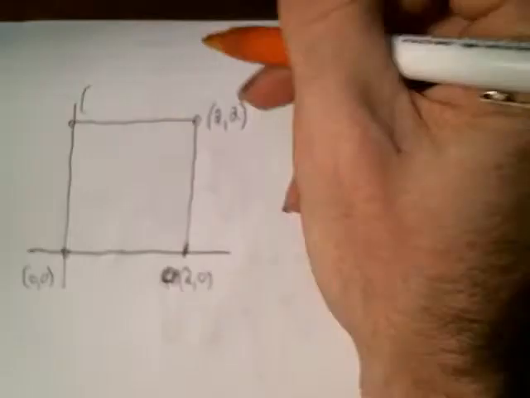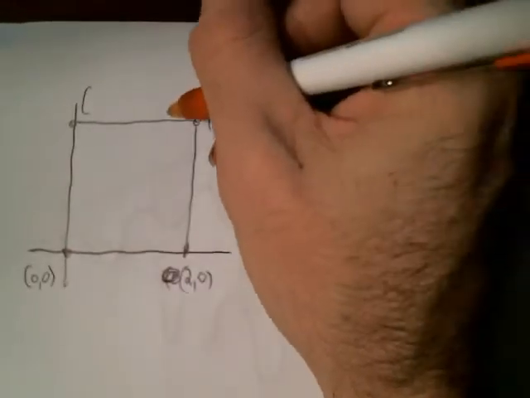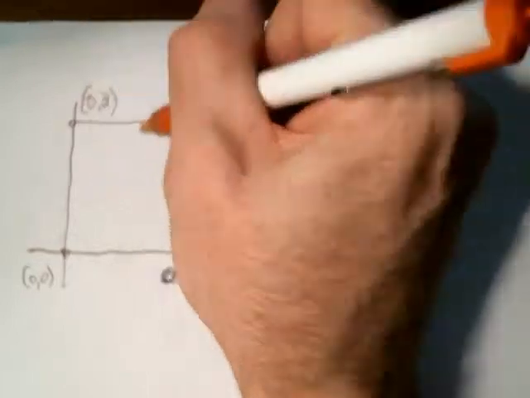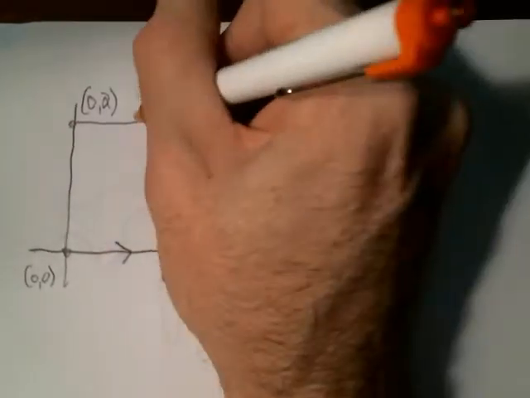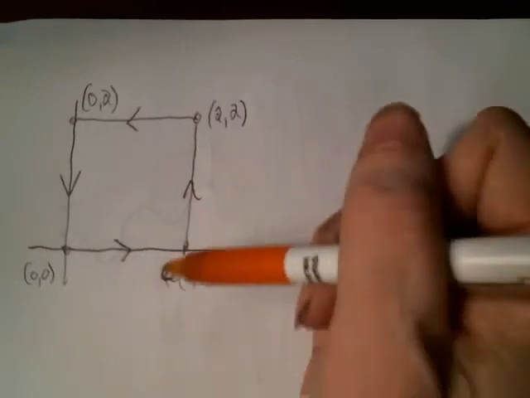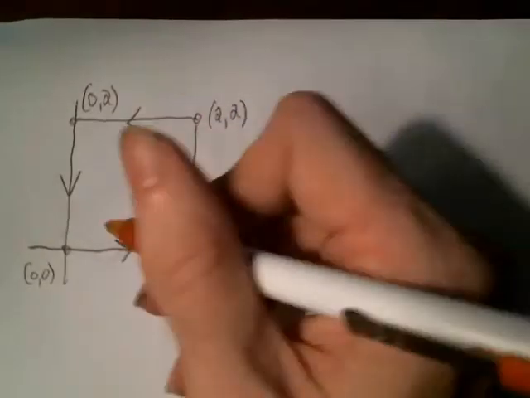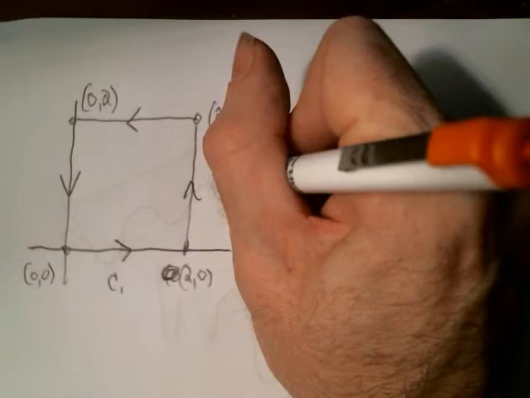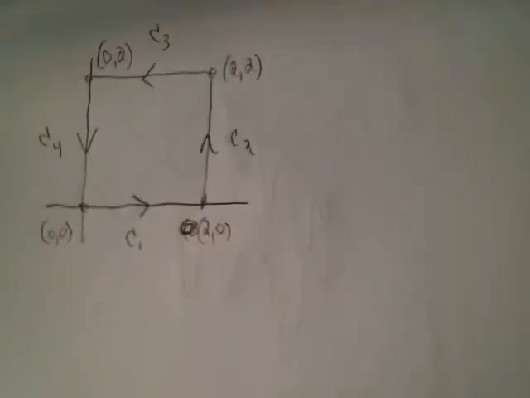And then this point is, what is it, 0, 2. And I want to parameterize this thing and get basically 4 sets of parametric equations to describe the movement around this box. So I need C1, C2, C3, C4.